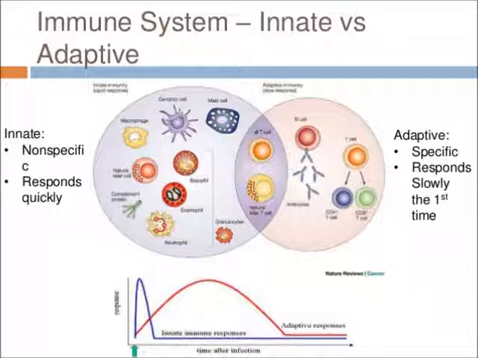So the innate immune system refers to these non-specific, generalized defense mechanisms. They come into play immediately or within a few hours of an antigen's appearance in the body. These mechanisms include physical barriers, skin, mucus, chemicals in the blood, immune system cells, and it's activated by the chemical properties of the antigen.